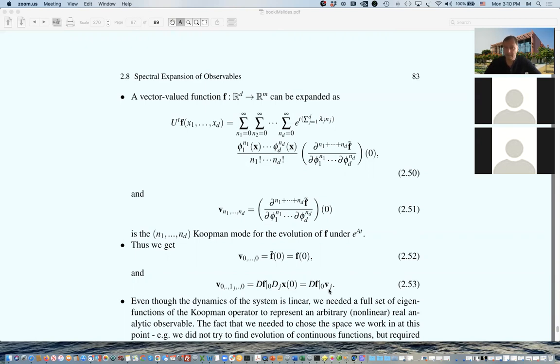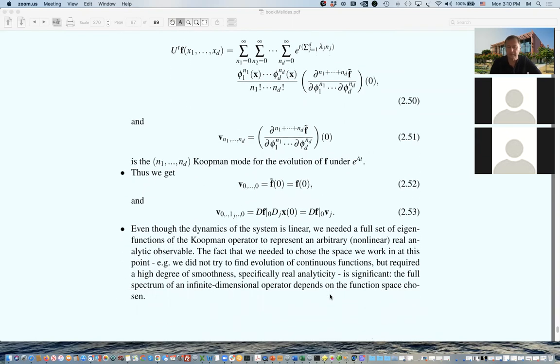And that makes hopefully a lot of physical sense. So the 0th term is what you observe at the fixed point. The Koopman modes associated with order 1 terms are all modulations of the individual eigenvector, modulated by the fact that you might be observing something that is not a state. If you're observing a state, then you get immediately back the eigenvector.